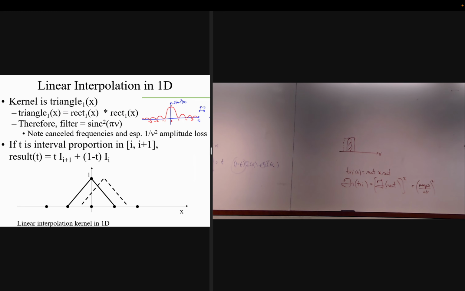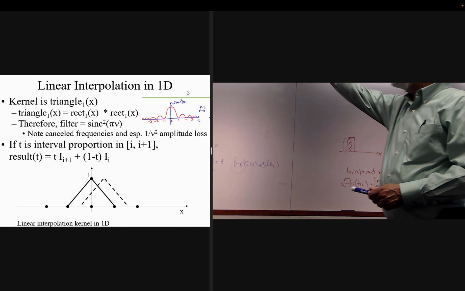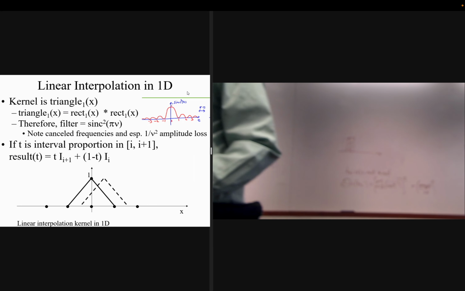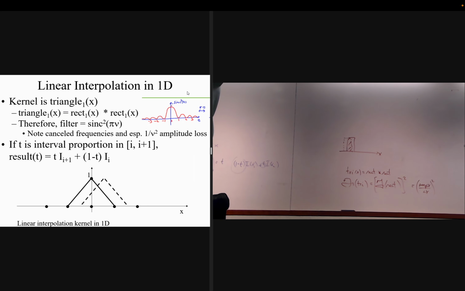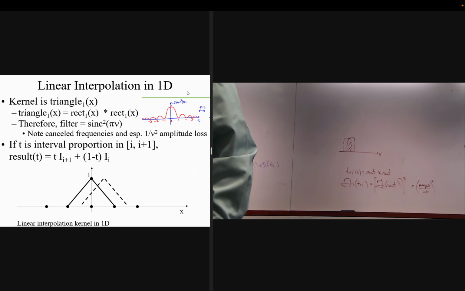So the envelope is 1 over nu squared, and the function is always positive. But where sine is 0, it's 0. Except at 0, where sine x over x looks like 1 in the limit.